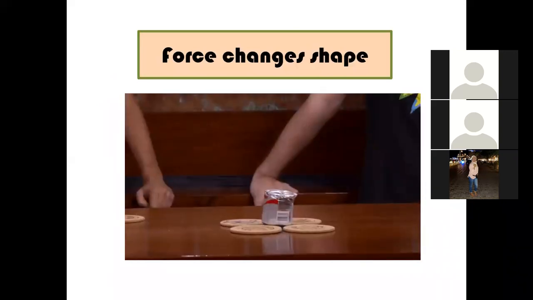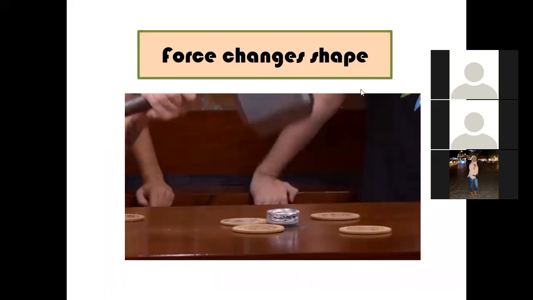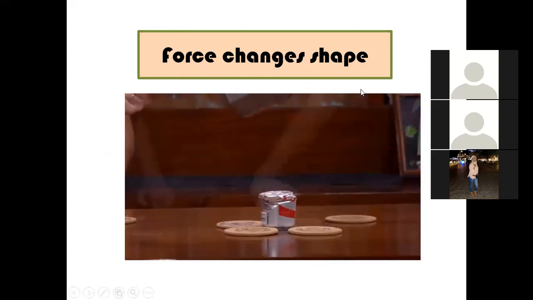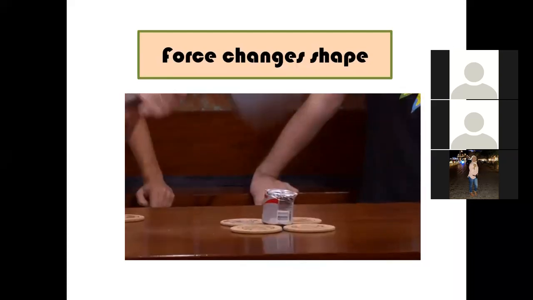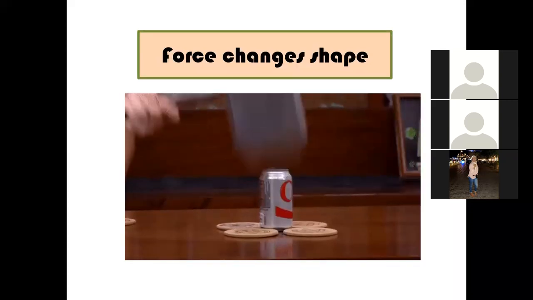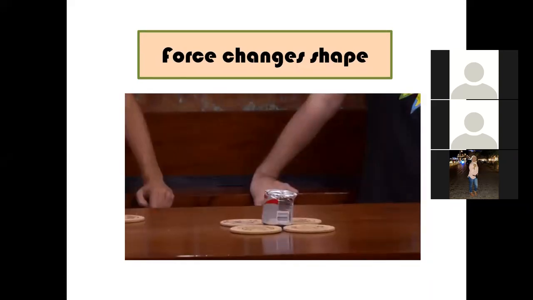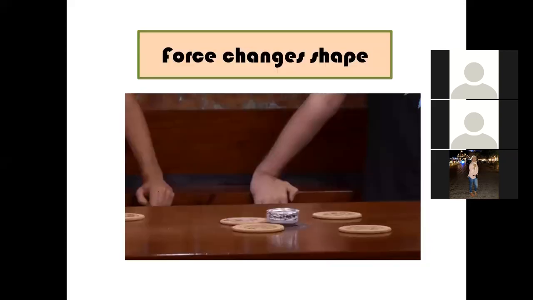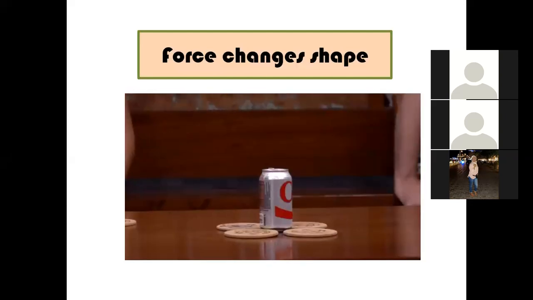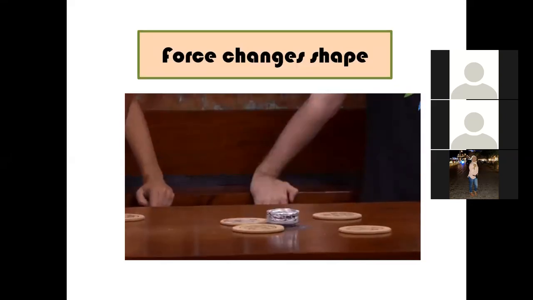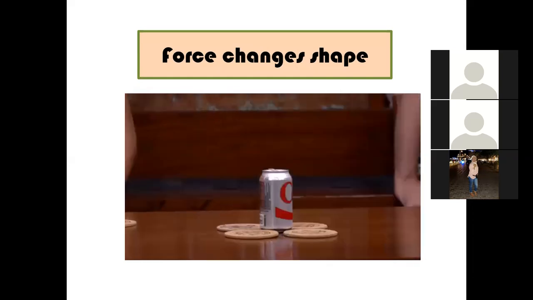Okay, clear. The last example is that you have an object and you want to change its shape. Like in this picture, for example, he applied a force on the can and he was able to change its shape. You guys do this all the time when you play with the Play-Doh or the slime, or if you have a glue tack, all of those things, you are actually applying a force to it in order to change its shape.